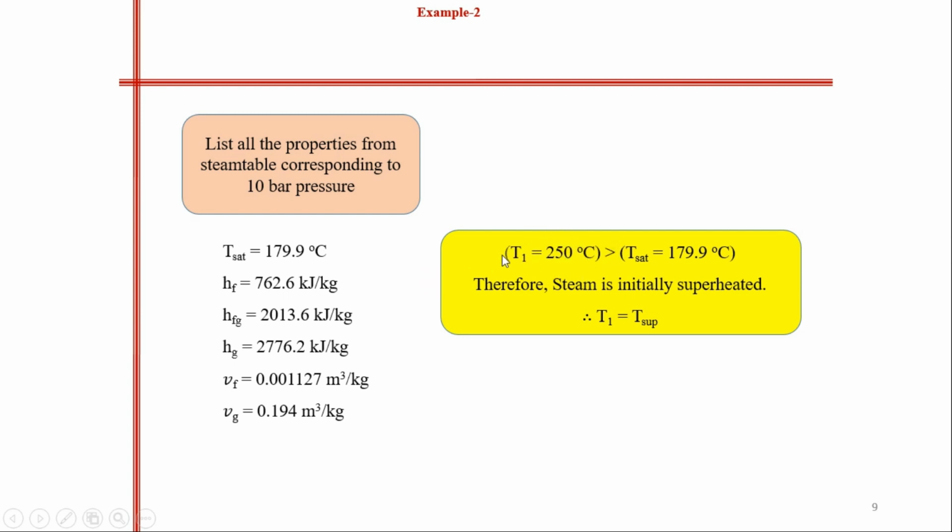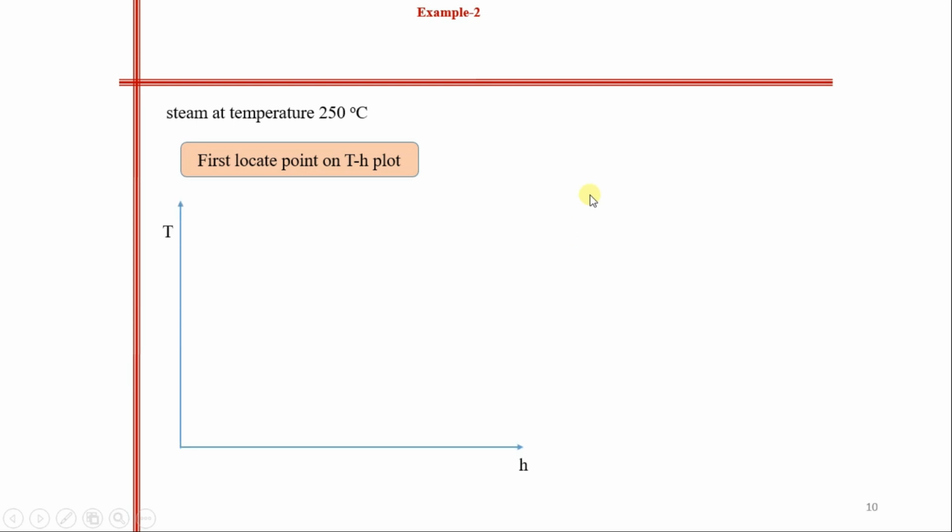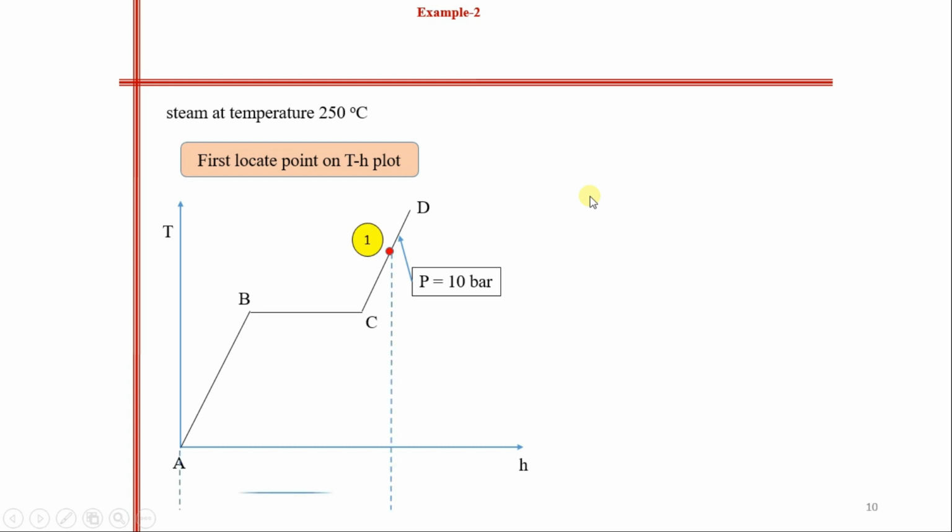Whatever steam is given to us is initially superheated, so we can consider the temperature of 250 degrees Celsius as the superheated temperature. Let's find the internal energy of point number 1, which is in the superheated region. First we are required to find the enthalpy.